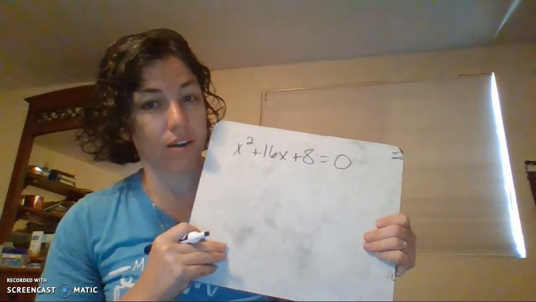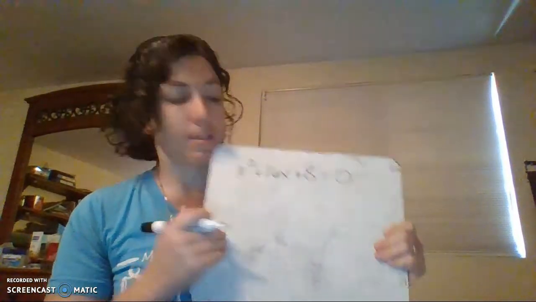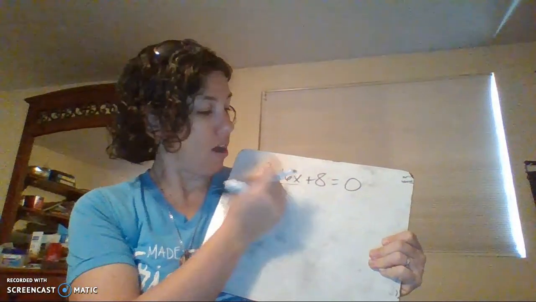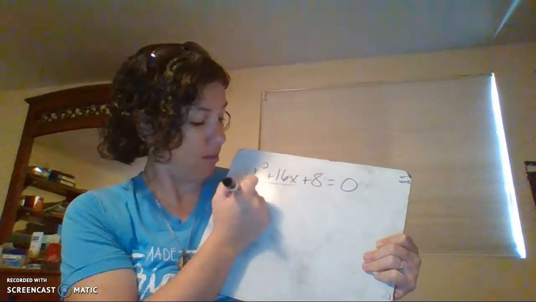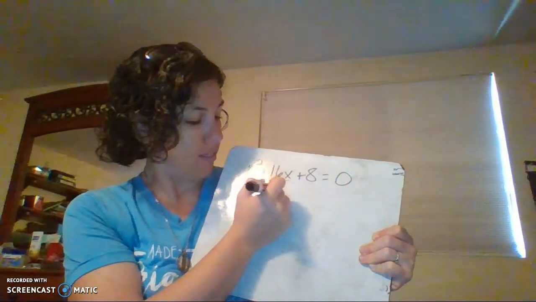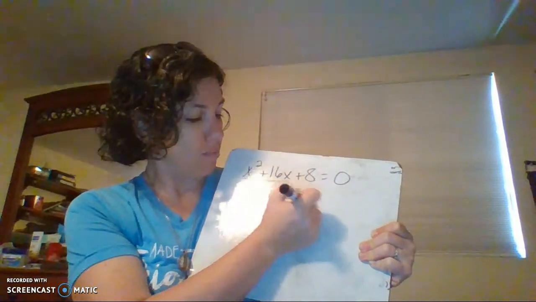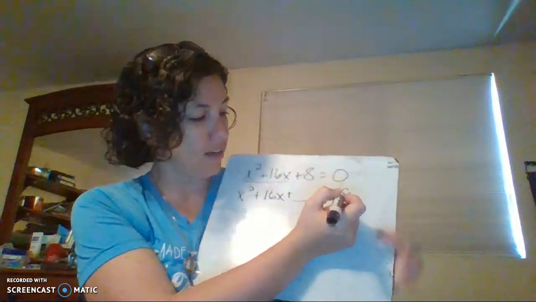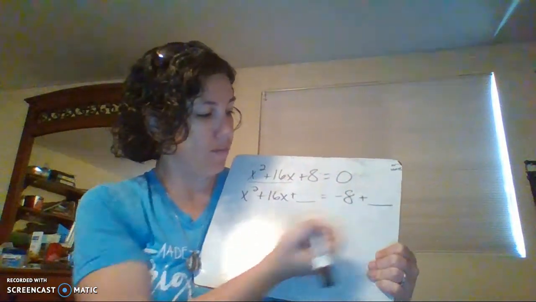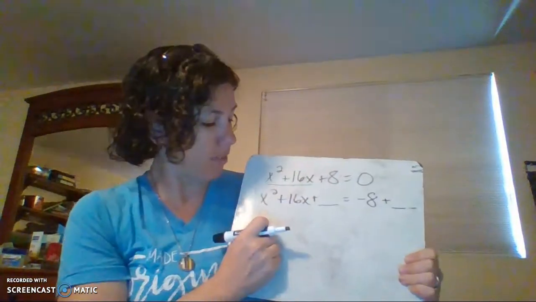Okay, so right here, my first thing is I'm going to get these two x's on one side, this on the other, and I'm going to leave room to complete the square. So I'm going to go x squared plus 16x plus blank equals negative 8, because it's the opposite sign, plus blank. Okay, I have to add the same thing to both sides.